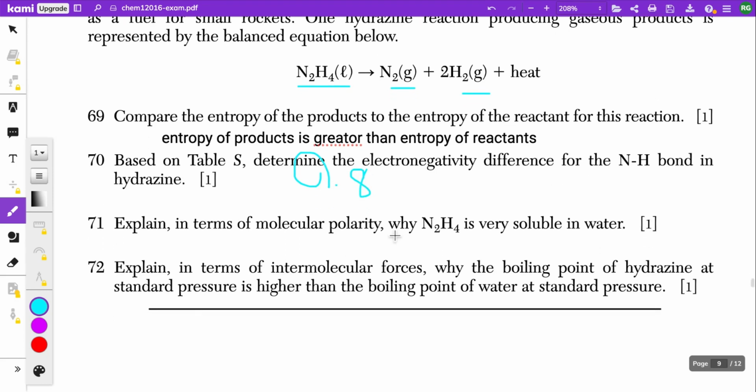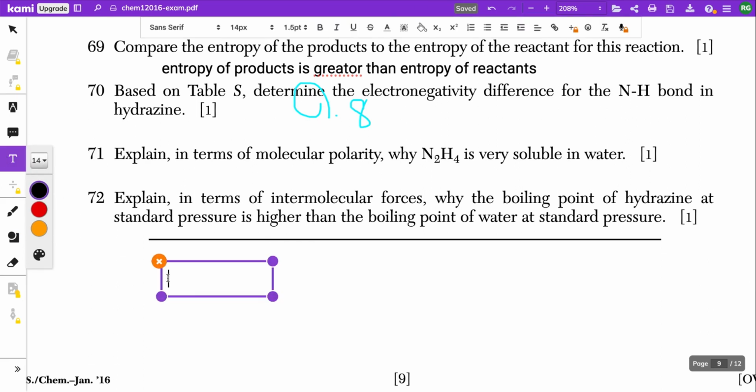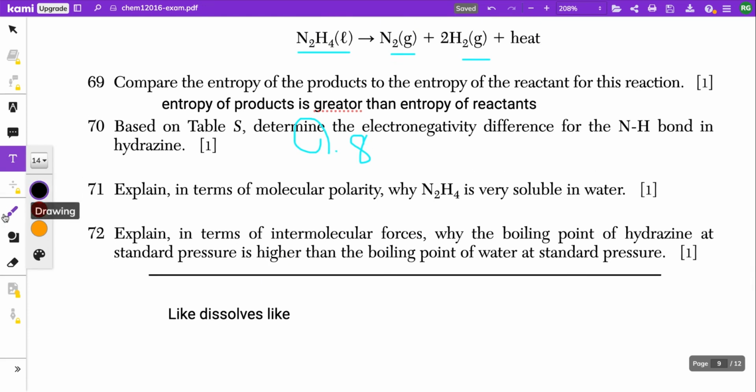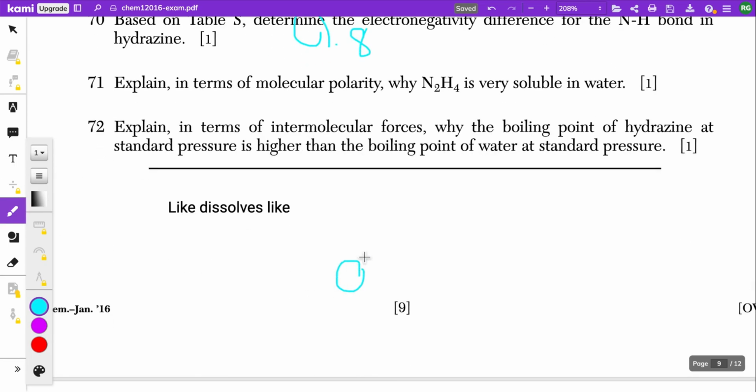And why is this very soluble in water? All you've got to know is that like dissolves like. Water is polar. If you put oil in water, oil is nonpolar.